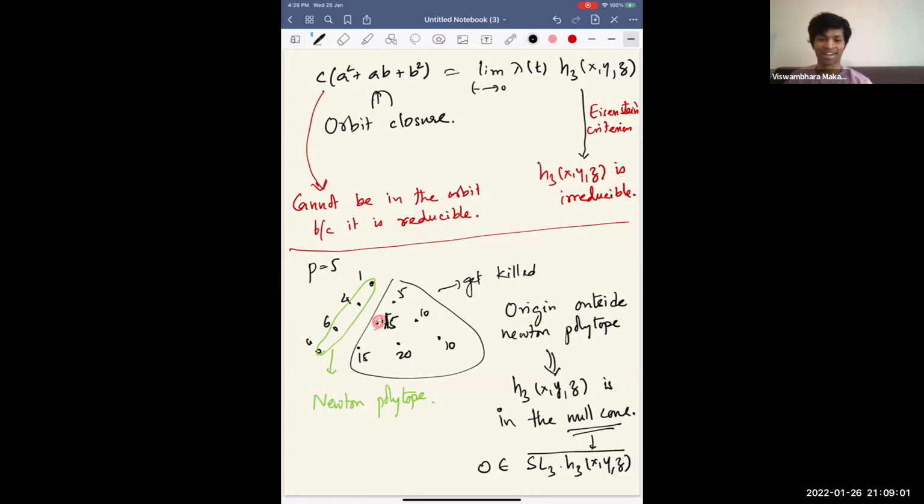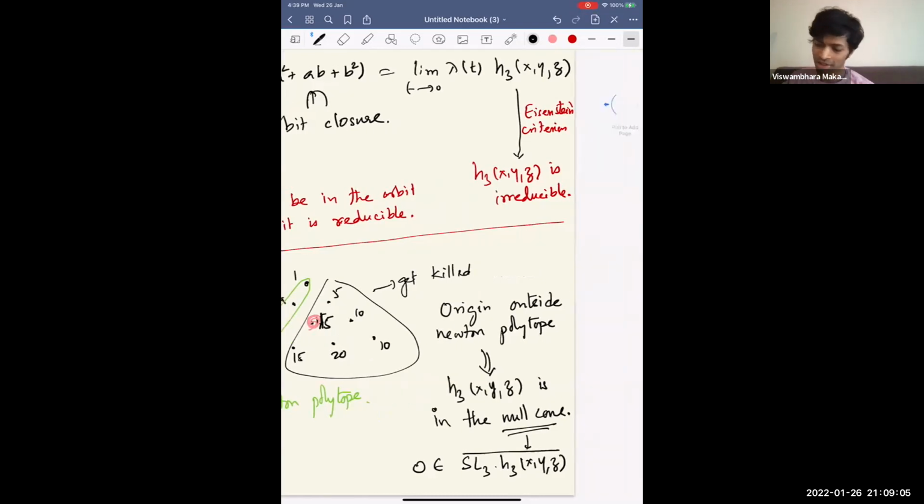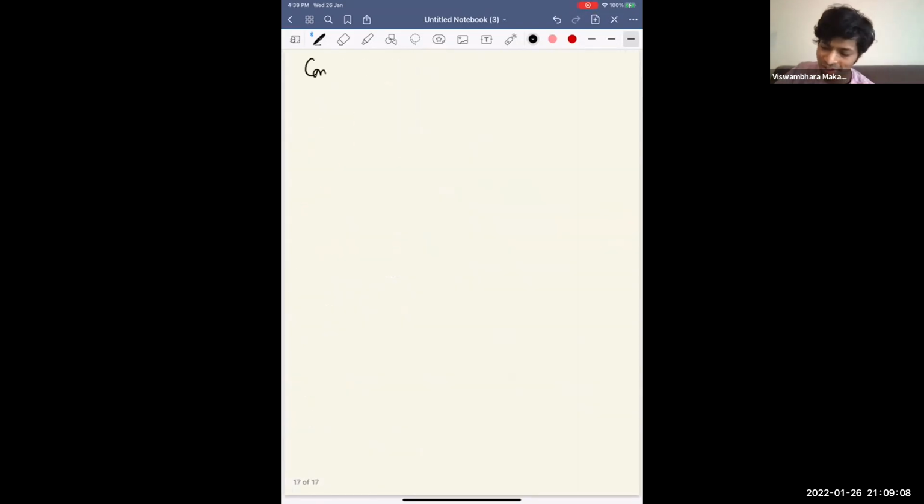Which is just great. So with all these computations, let me just tell you what the conclusion here was. The conclusion here is I looked at H3 of XYZ and the SL3 orbit is closed if P is not equal to 2 and 5.